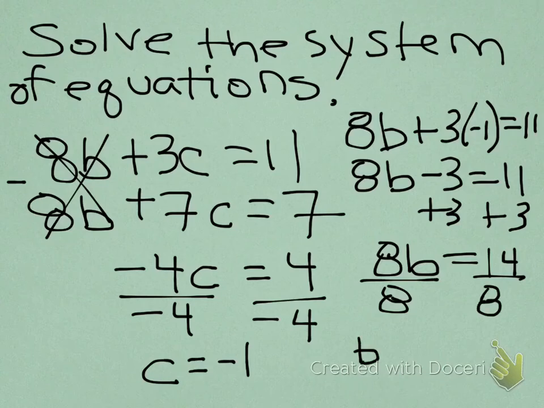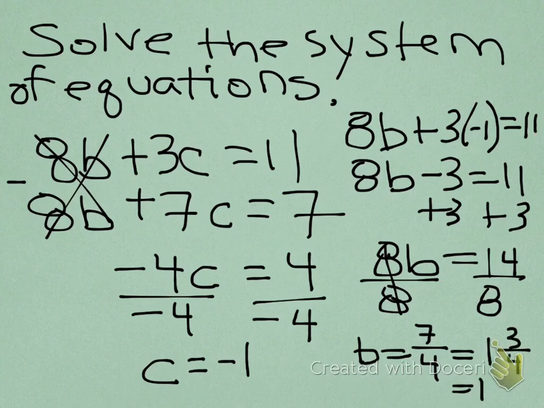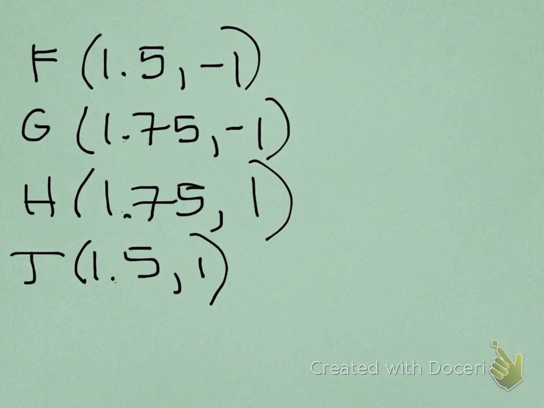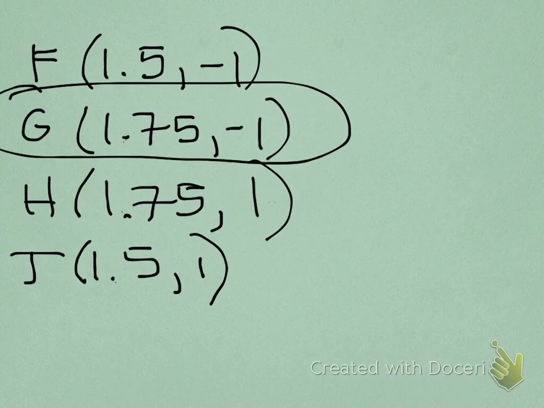And if I simplify that, I would divide by 2, so that would be 7 over 4, or 1 3/4, or 1.75. So I'm picking the solutions that have a 1.75 and a negative 1. So the only one that has 1.75 and negative 1 is G. So that would be my answer.